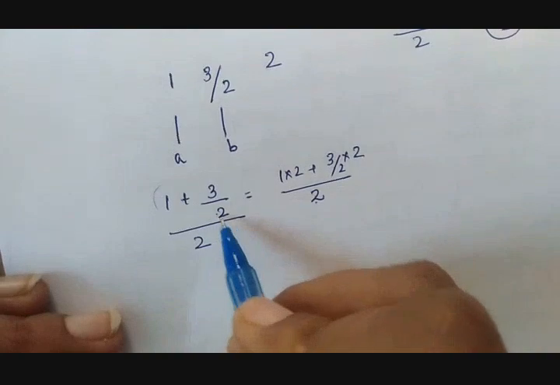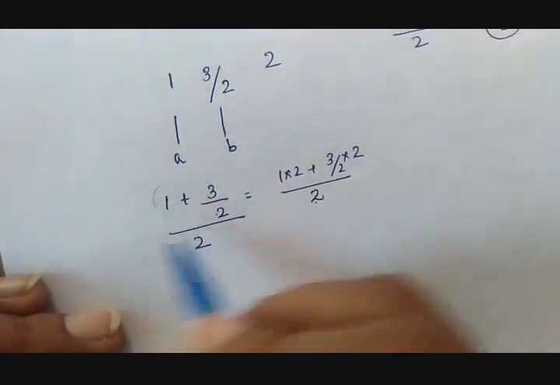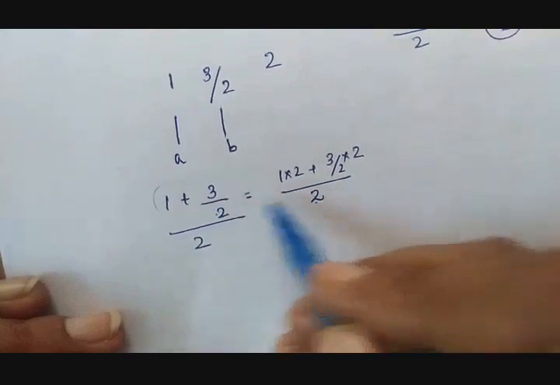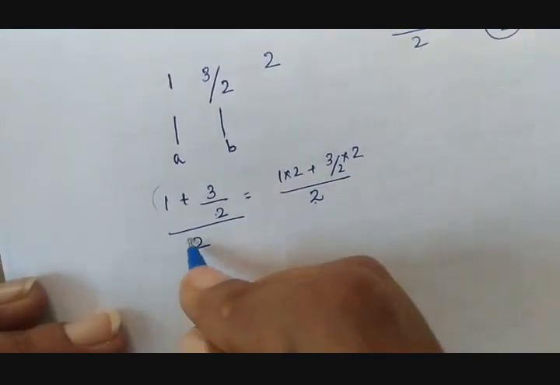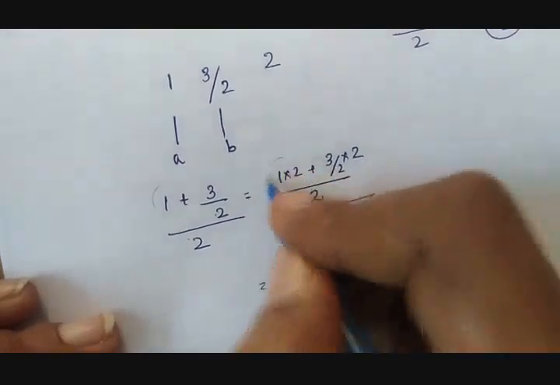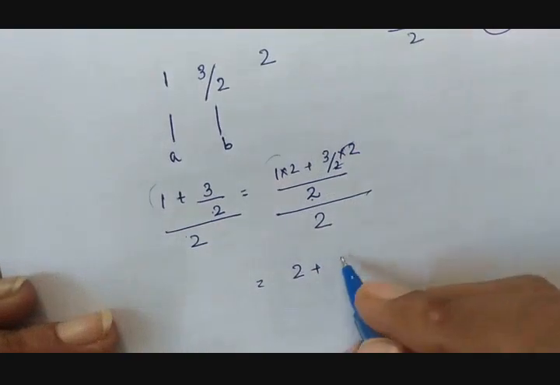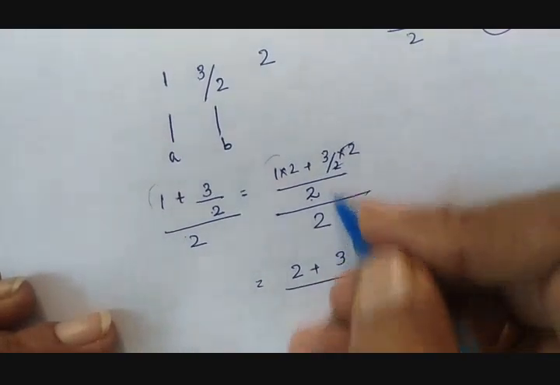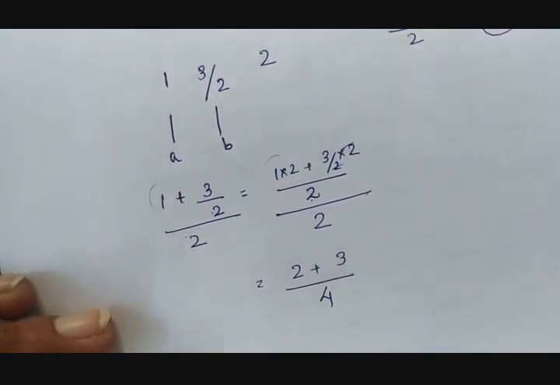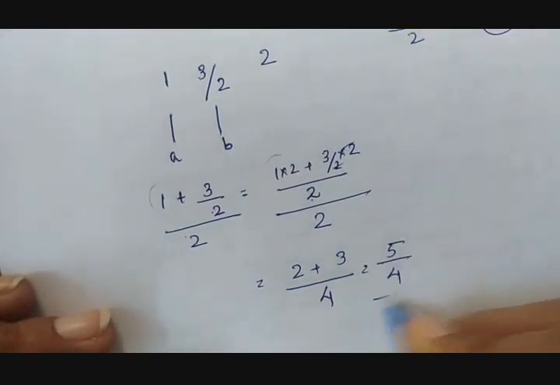Then multiply by 2 each term: 1 into 2 is 2, plus 3 by 2 into 2 is 3, so 5, and the denominator 2 into 2 is 4, which is equal to 5 by 4.